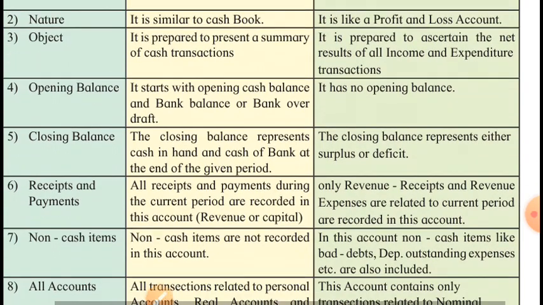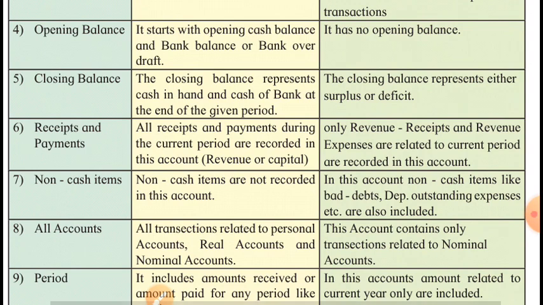It will not show any opening balance. Closing balance. Yes, the receipt and payment account will show the closing balance of cash and bank. But the closing balance of the income and expenditure account, that is either surplus or deficit, is transferred to capital fund.